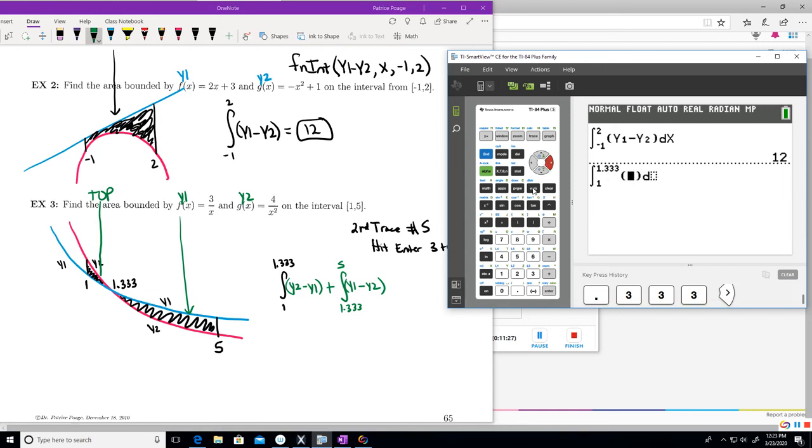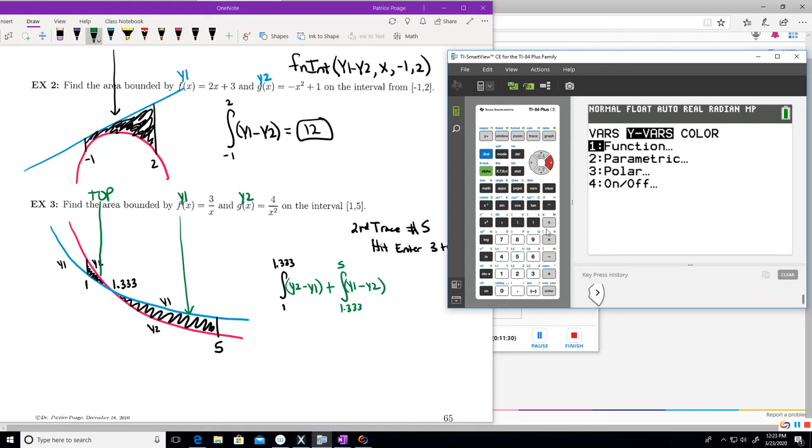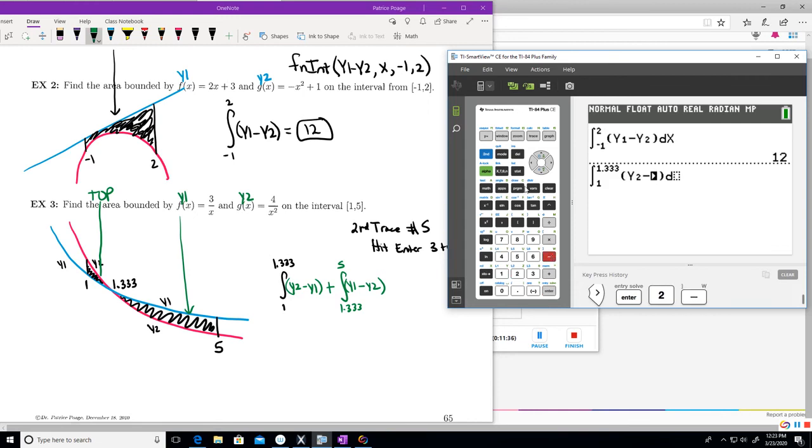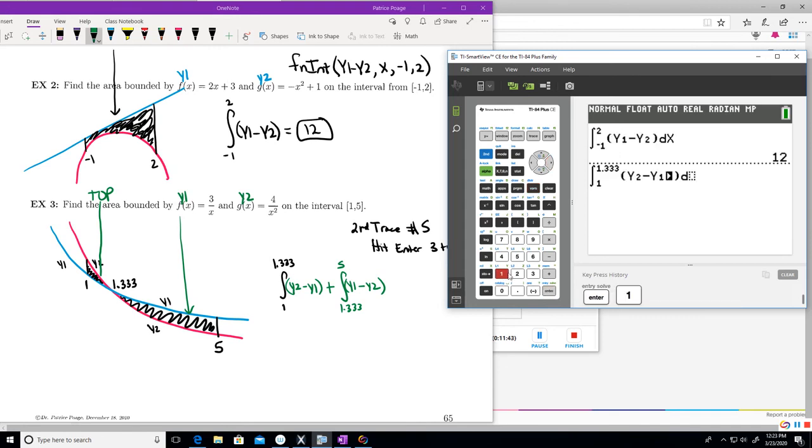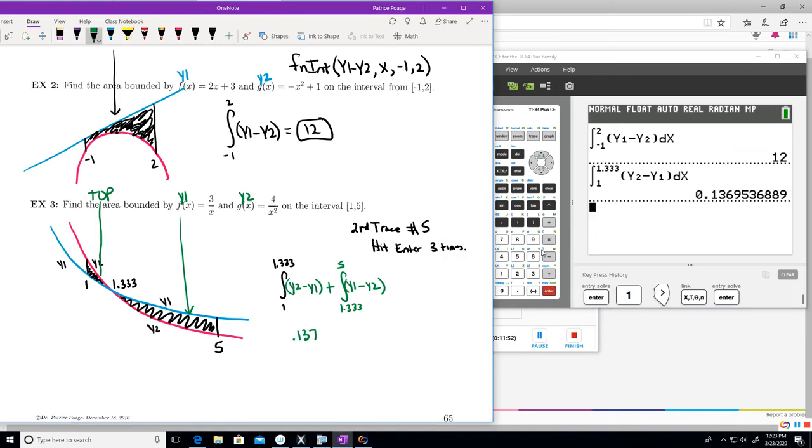I'm going to go to vars, y-vars, function, Y2, minus vars, y-vars, function, Y1, and that's with respect to x, and that's the number I get, 0.137, plus, then I've got to do the other one.